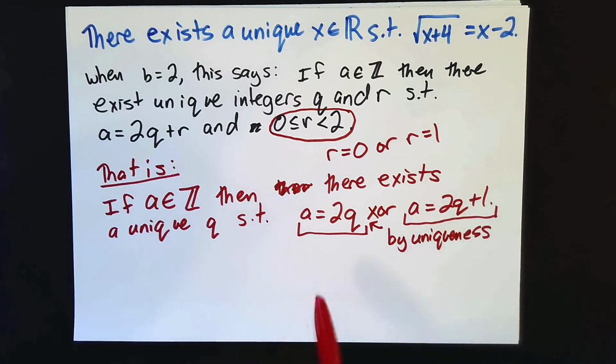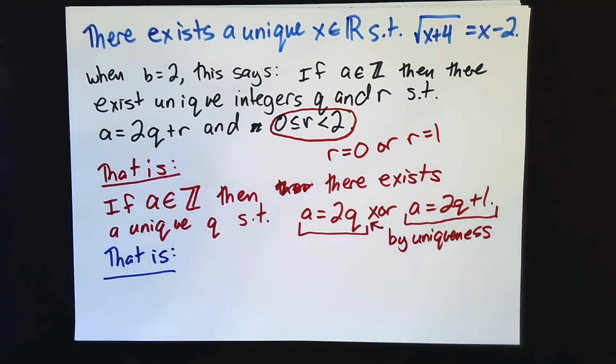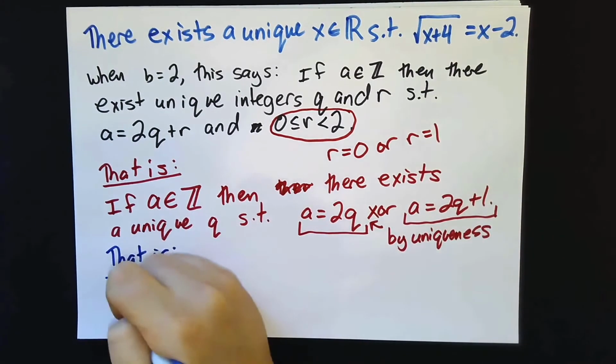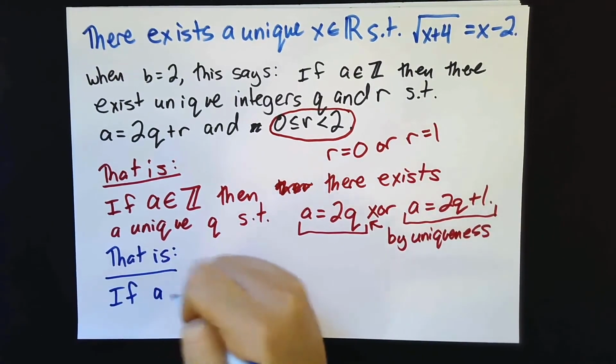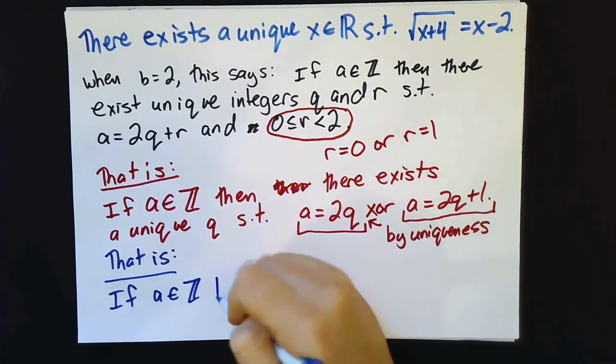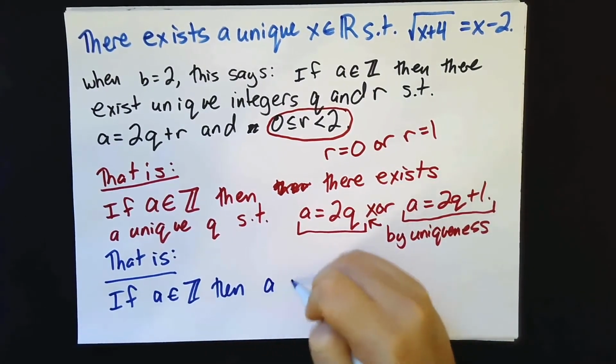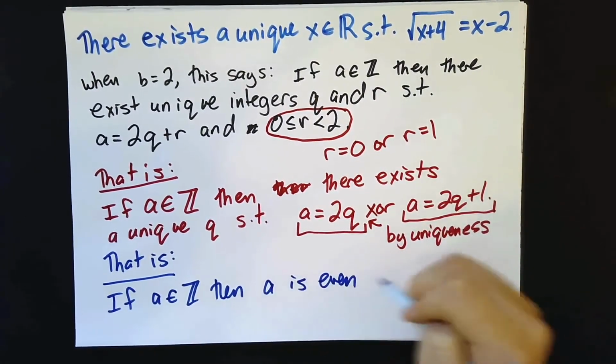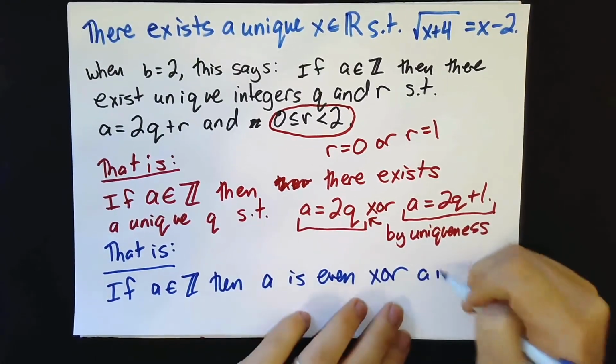There exists a q such that a is 2q plus 1, that's odd. And so at the end of the day, what did we really just prove? We really just proved that if a is an integer, then a is even, XOR a is odd.